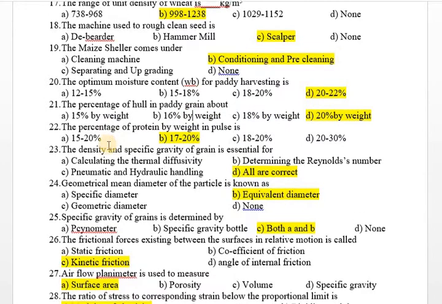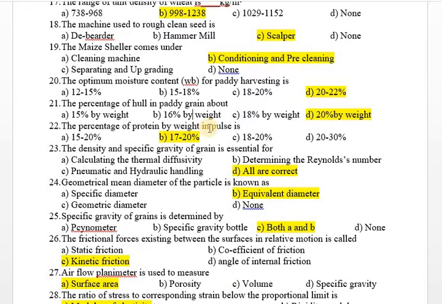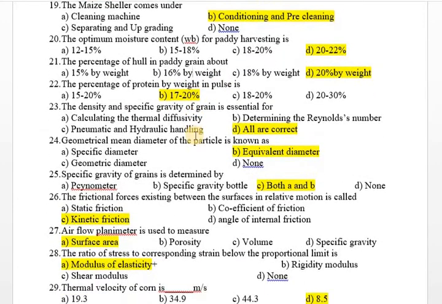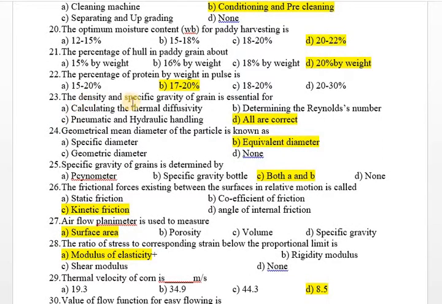The percentage of protein by weight in pulses is 17 to 20%. Density and specific gravity of grain are essential while calculating thermal diffusivity, calculating pneumatic and hydraulic characteristics, and determining Reynolds numbers. So all are correct.